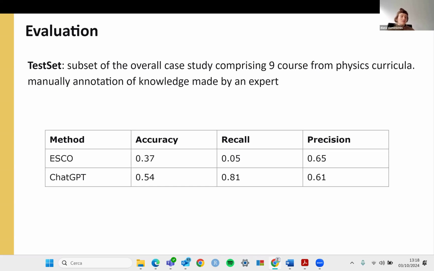The difference is that ESCO has a well-defined level of detail, while with the prompt engineering method, you can explore different levels of extraction detail.